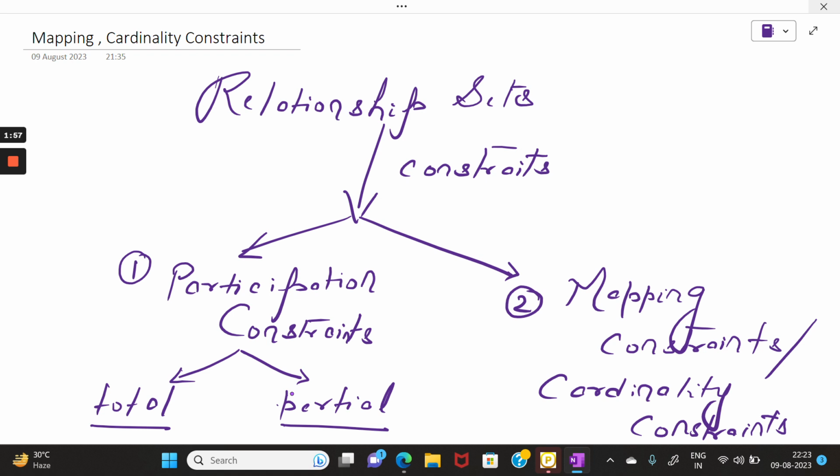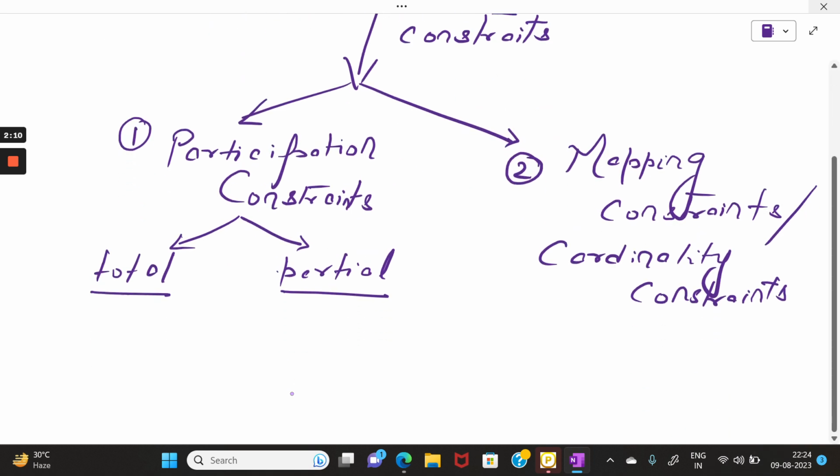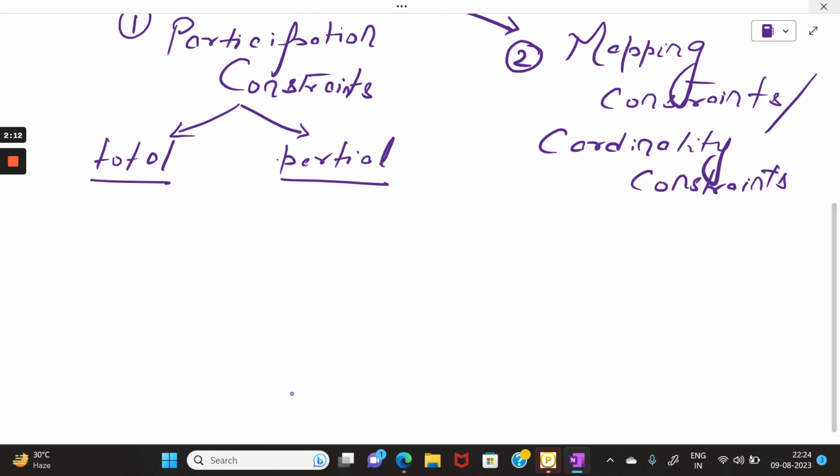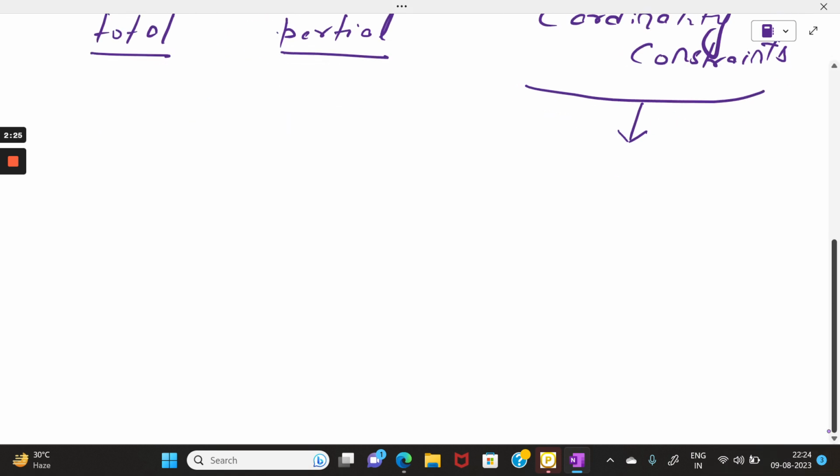Then we have the mapping constraint, the cardinality constraint. We have already seen one to one mapping, one to many, many to one, and many to many mapping, and based on that we determine the key for the relationships. So let's have some examples based on that.